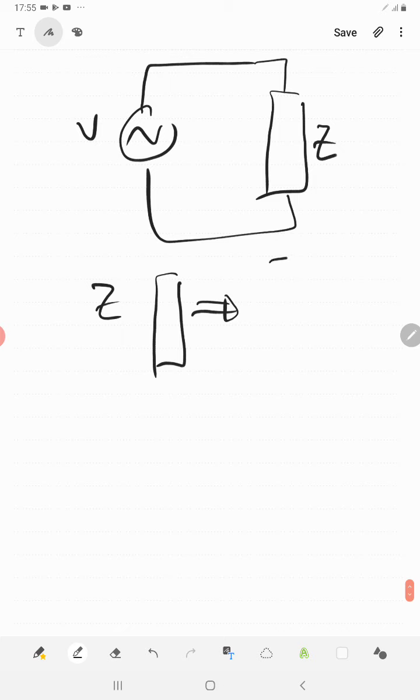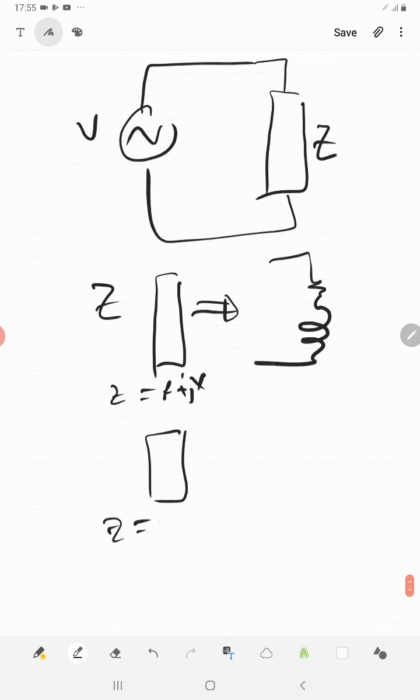For example, R and inductance gives Z equal R plus jX. And if it is Z equal R minus jX, then it will give you resistance and the capacitance.